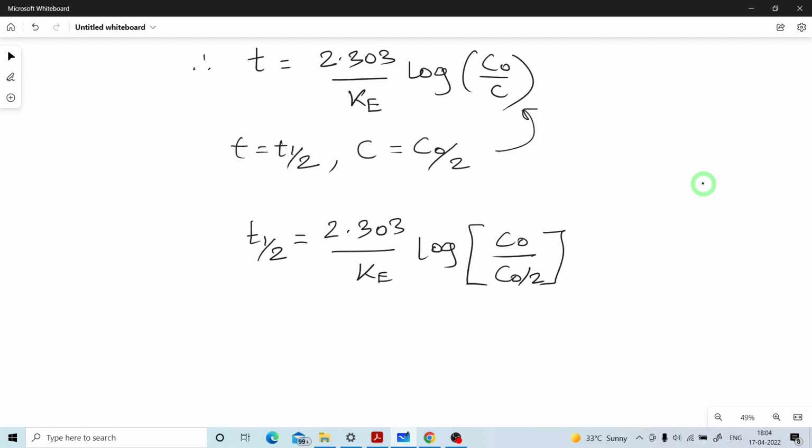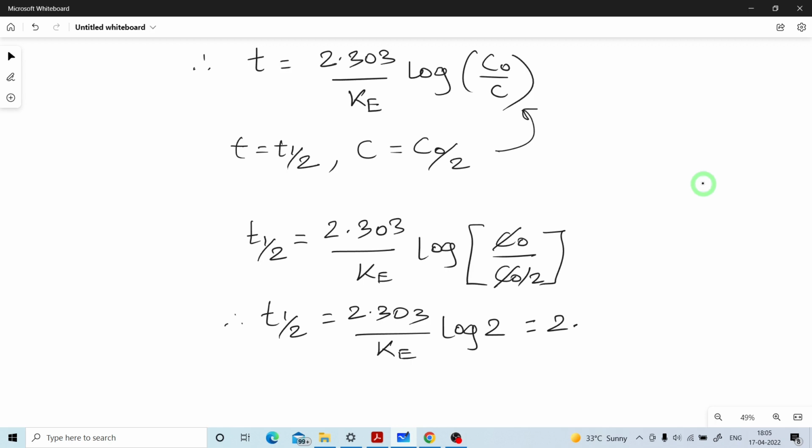Now, if you solve this thing, you will get T half is equal to 2.303 upon Ke into log of, so on rearranging the things, C0 and C0 will get cancelled and 2 will come to the numerator, so it will be log of 2. Further solving this thing, the logarithm of 2, it is going to be 0.3010.